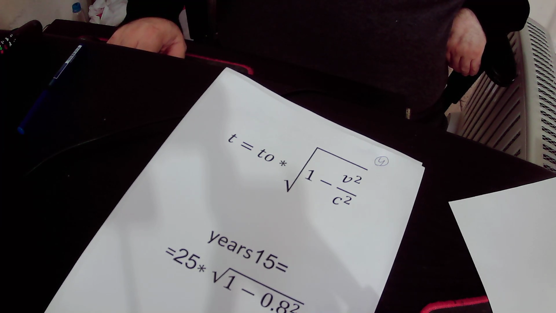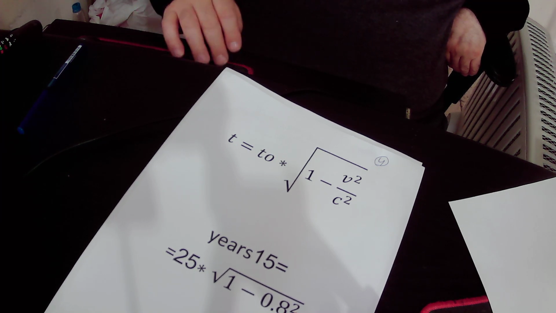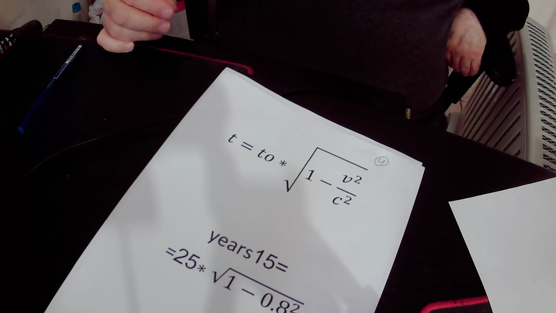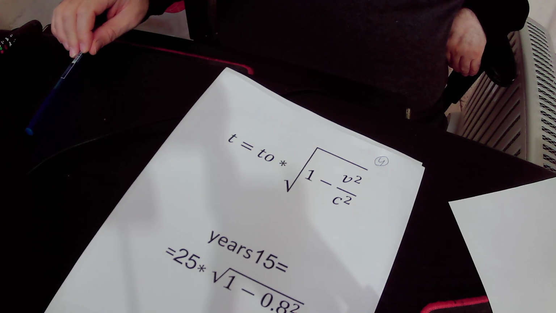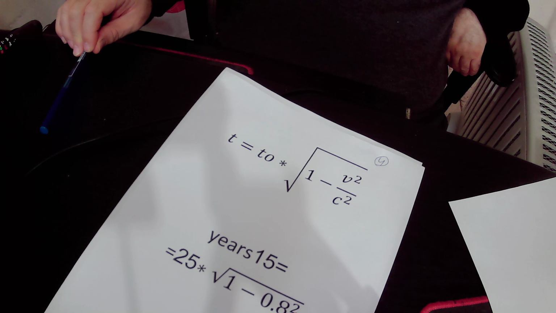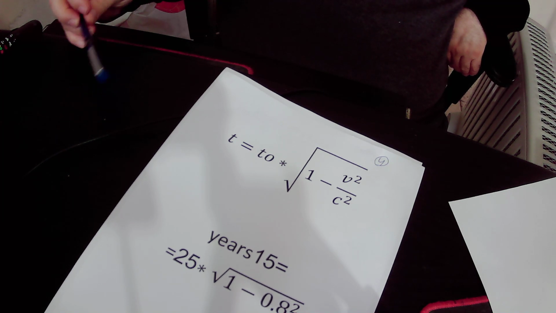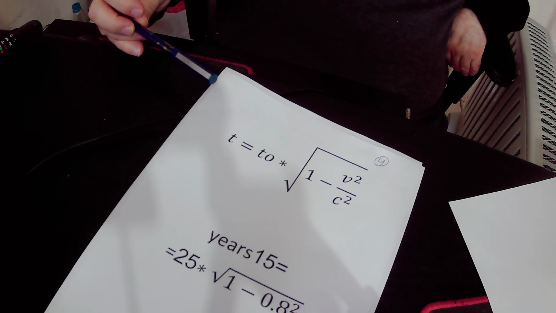So because the rate of time flow in the spaceship is slower than the rate of time flow on Earth, there will be the phenomenon that is called time dilation.